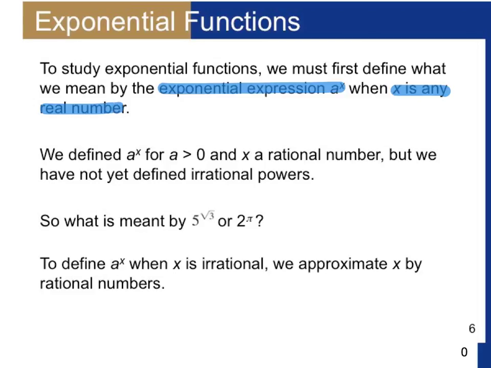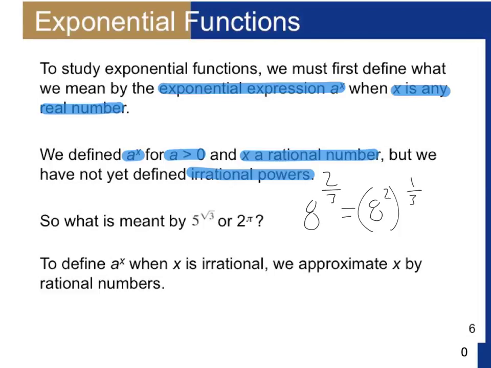Here x is our variable, and x is any real number. We're going to define a to the x for a greater than 0, and x a rational number. We already defined that. Now we're going to look at irrational powers. Remember we said 8 to the 2/3 is 8 squared to the 1/3.